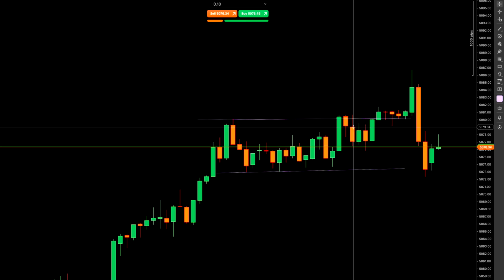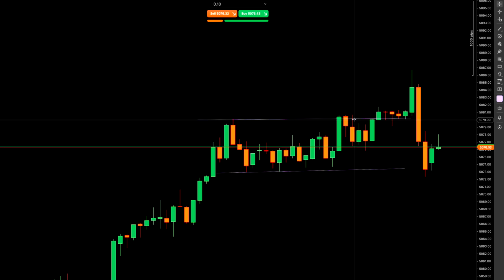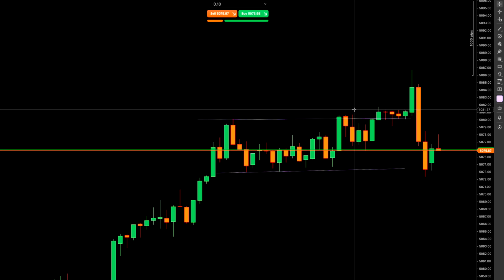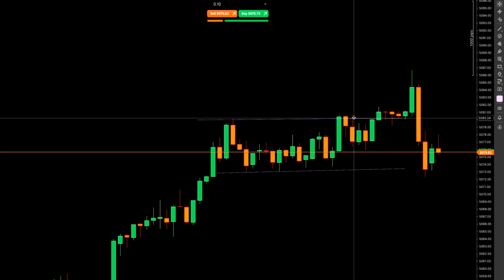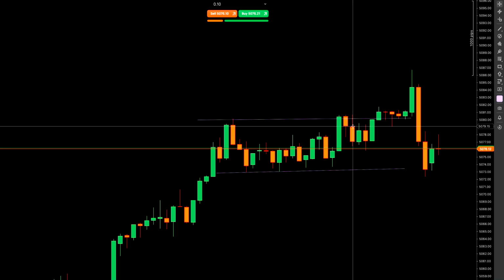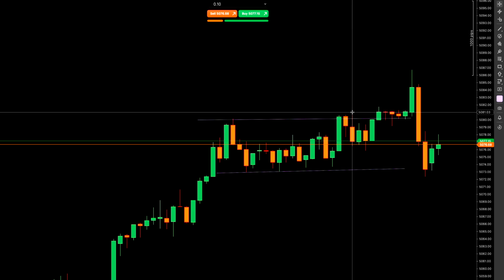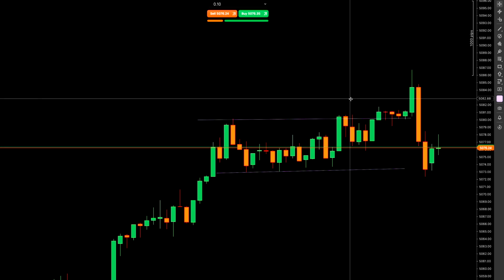If this candle was a green candle and increased to the size of it all the way up, it would have engulfed this one right here, and now you could have traded to the upside.